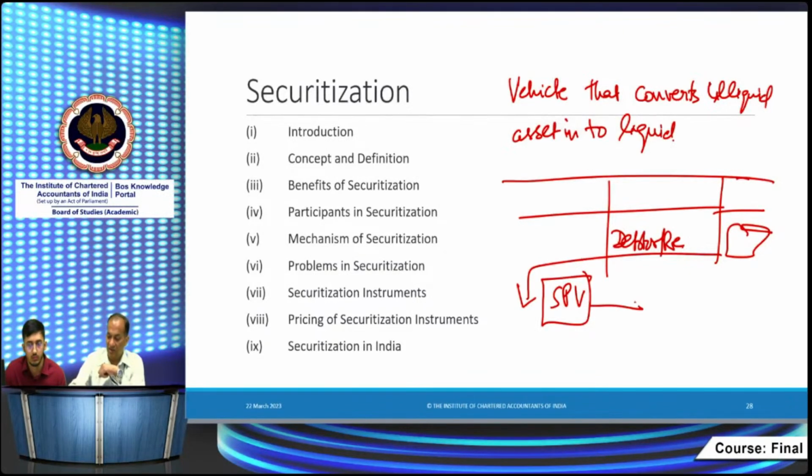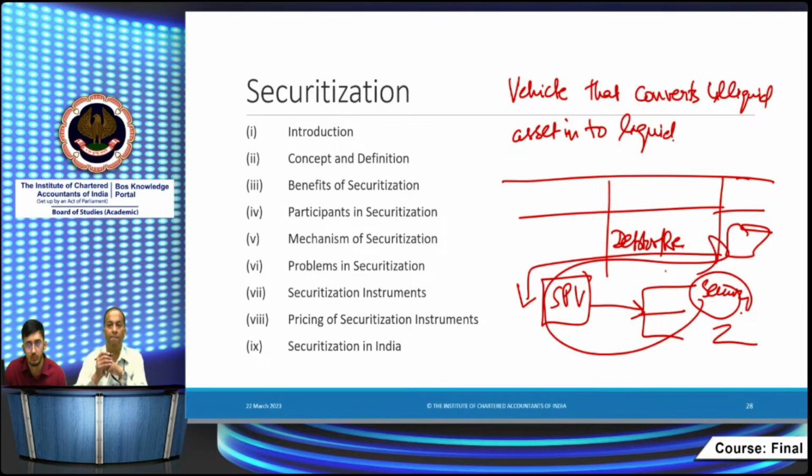And this vehicle bundles all these instruments, all the receivables, and issues securities to the investors. Whatever money comes to the SPV is transferred to the company. Okay, so this is what is covered in this topic of securitization.